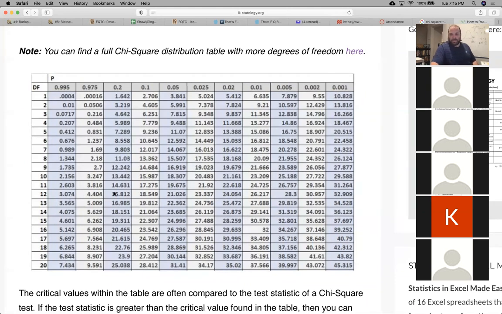Is anyone following? Wait, can you repeat that again? 12 degrees of freedom, and our chi-squared value was 193.58. Where's 193.58? Not there. It's way off the charts. The chart only goes up to 30, 33. And this is 193.58. Which means if we look up here at the p-values, its p-value is approximately what?